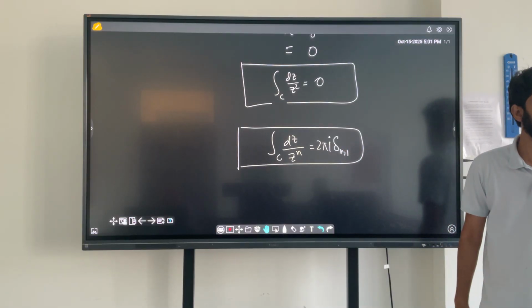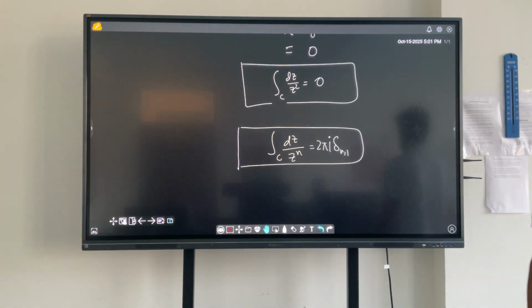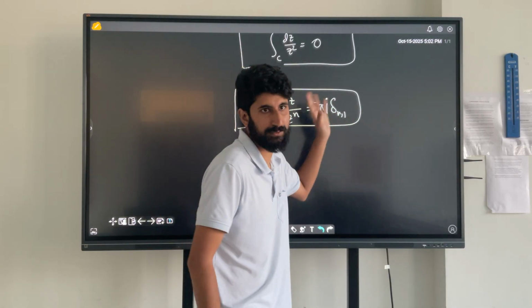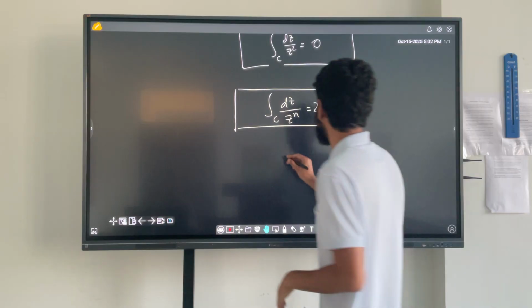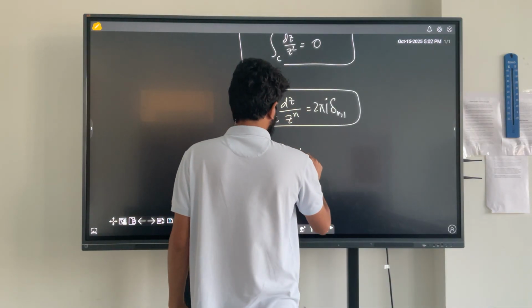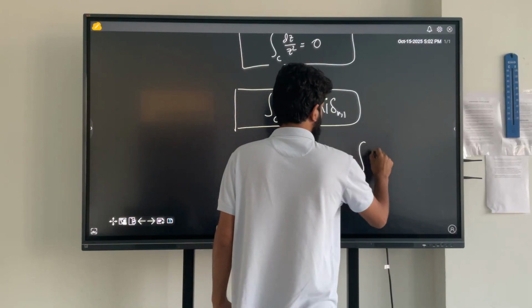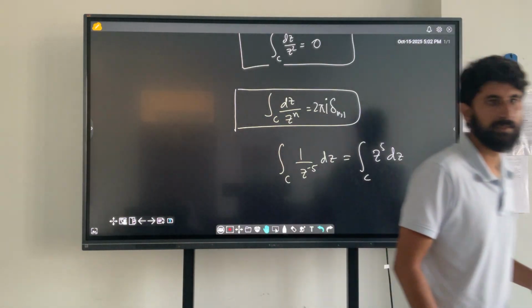But what if n is negative, let's say minus 5? As per this equation, it should still be 0. For n equal to minus 5, it is 1 by z to the power minus 5 dz, which is the integral of z to the power 5 dz. This is even simpler. This is 0.